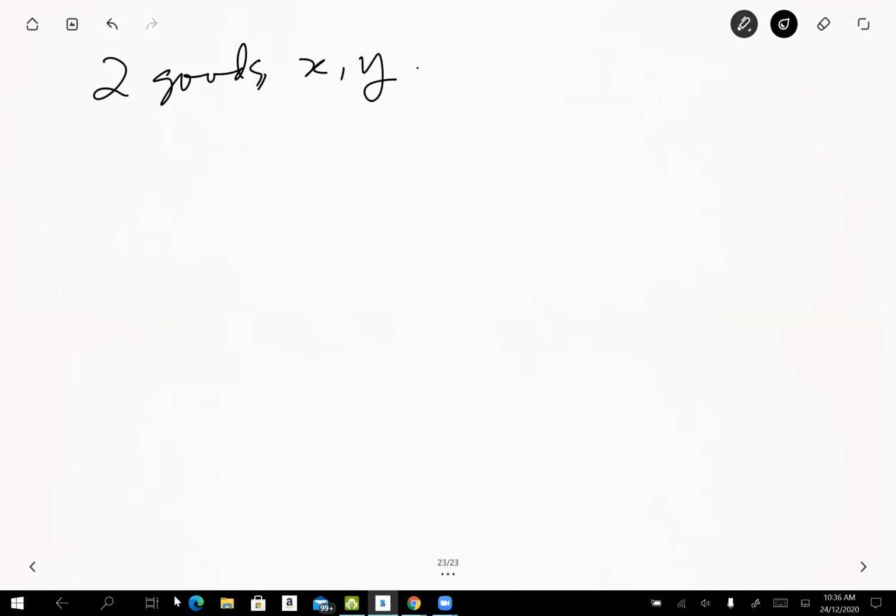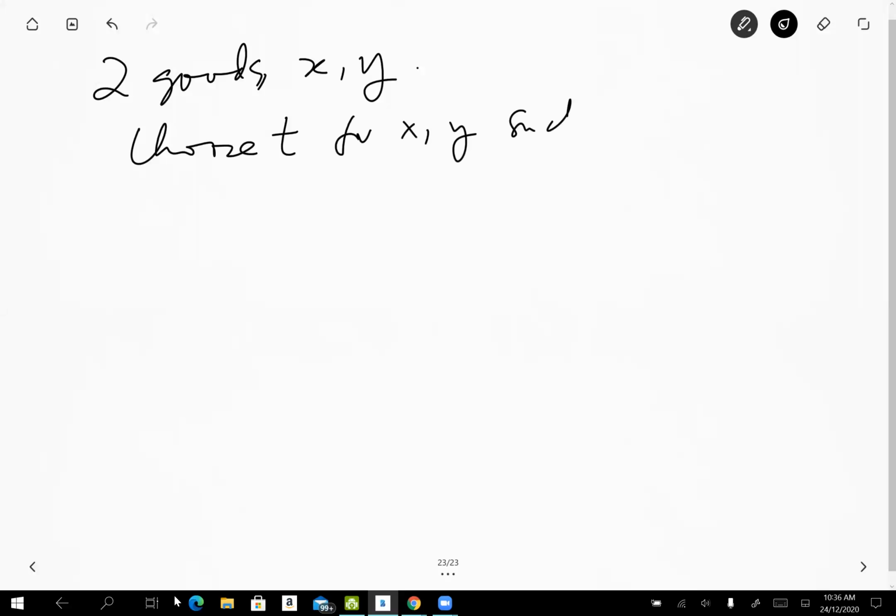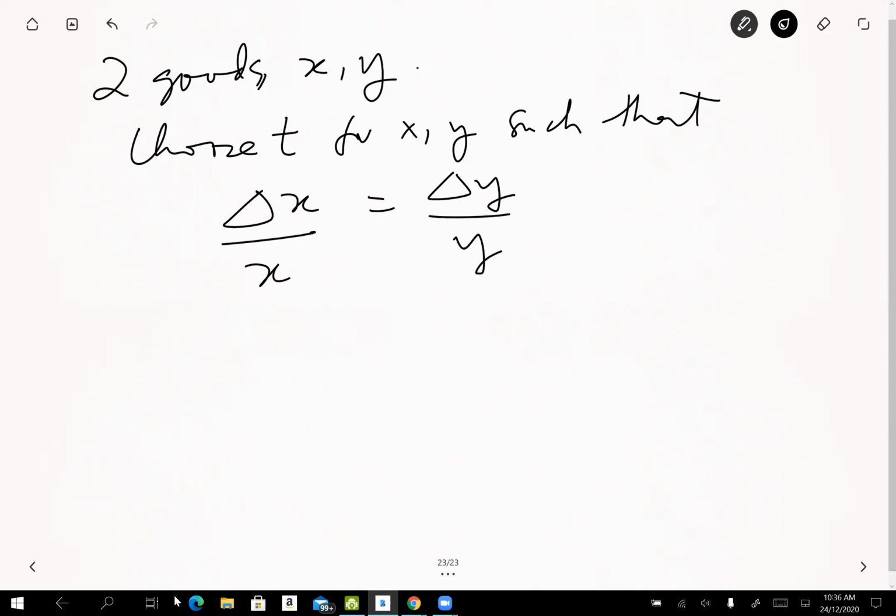We want to choose T for X and Y such that the percentage change in the demand of X is equal to the percentage change in the demand for Y. So here, you choose the tax such that this is true.